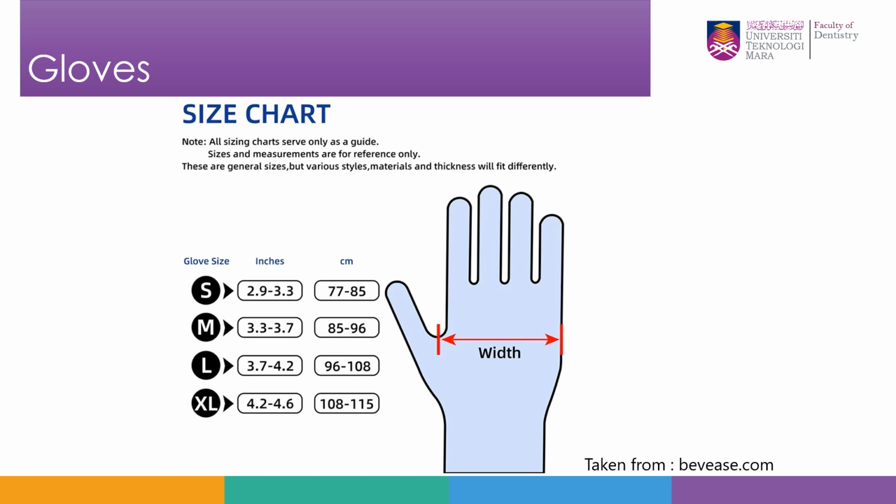So look at this diagram. When you measure your hands, measure from here all the way to the other side, and that will depict the size of gloves you should be wearing. The centimeter unit is also available in inches, so you can measure later.